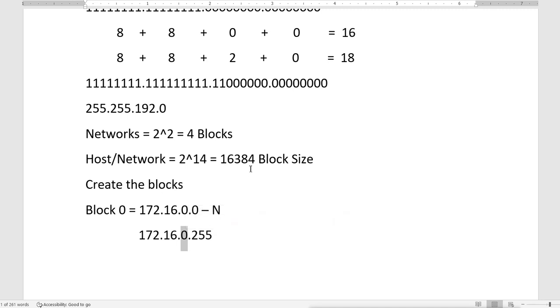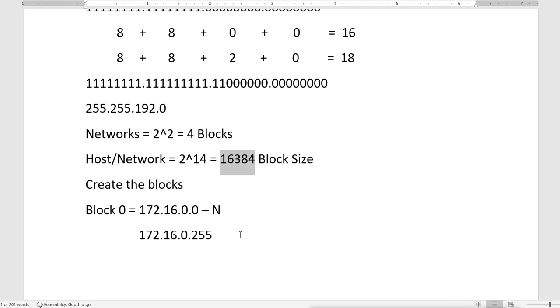That means I have to divide. Remember, whenever it goes to 255, this one goes to 1. Then when it goes to 255 again, it goes to 2. Then it goes to 255 again, then it goes to 3. So I have to count how many times I take this side from 0 to 255 to reach 16,384.